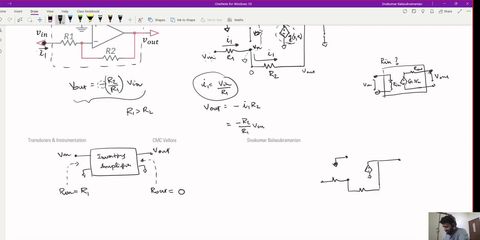Now, in the case of the inverting amplifier, what is the circuit? Here, how would you find the relationship between Rin and Vin?